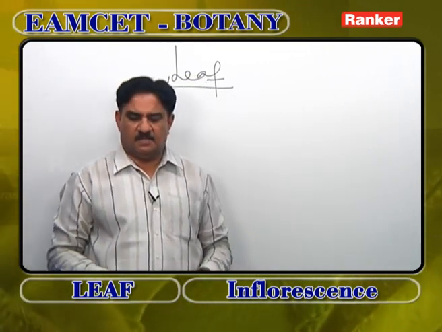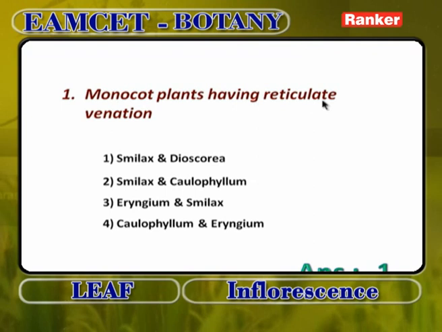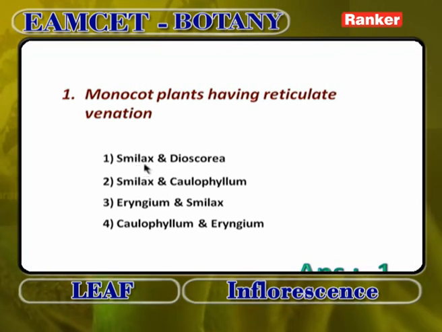First question. Monocot plants having reticulate venation are Smilax and Dioscorea. We all know this. Calophyllum and Eryngium are given only to confuse you.